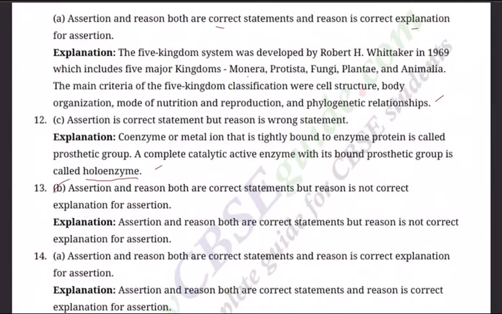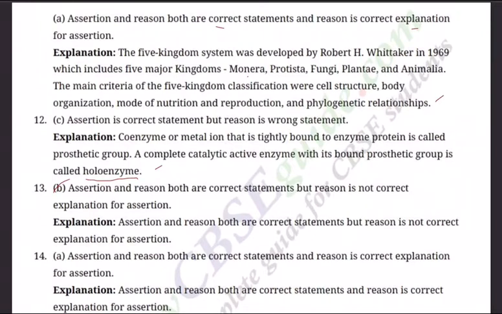Answer is B. Assertion and reason both are correct, but reason is not the correct explanation for assertion, because the assertion is talking of mesosomes, but this reasoning is talking of something other than mesosomes. That's why.